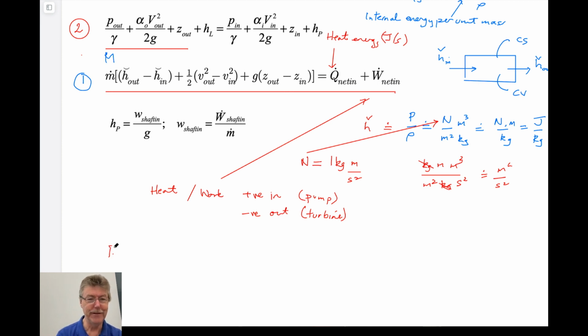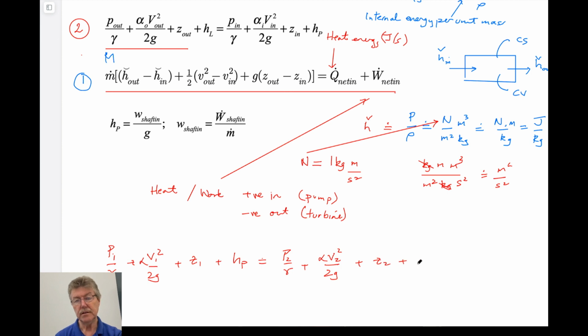V1 over unit weight plus V1 squared over 2G times this term alpha plus Z1 plus pump head HP equals downstream, which is P2 over unit weight plus alpha times V2 squared over 2G plus Z2 plus HL.